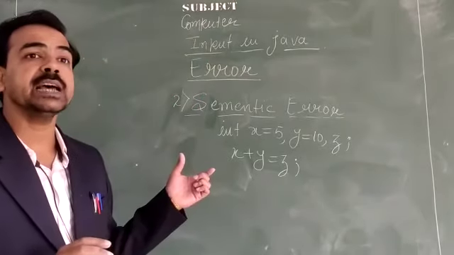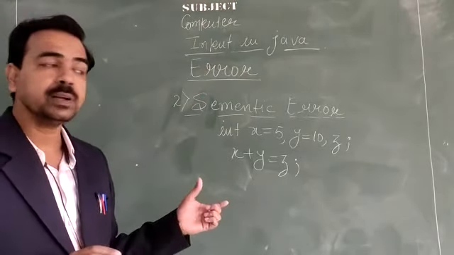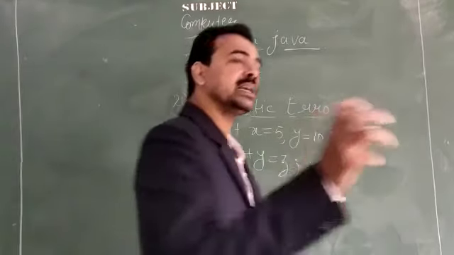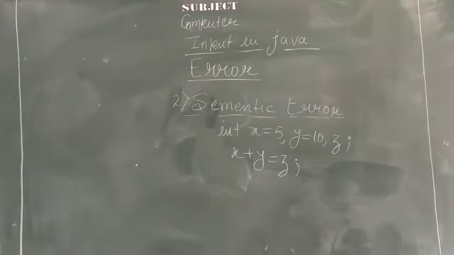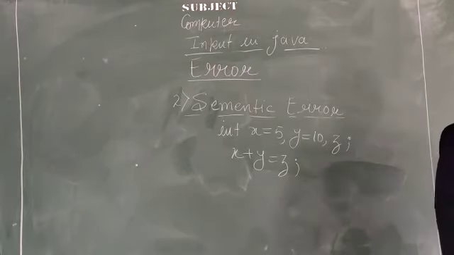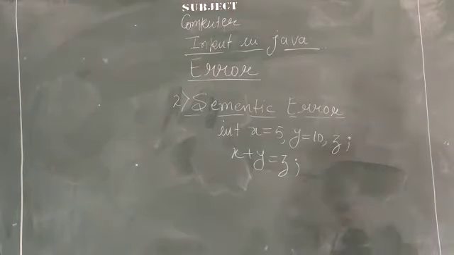Why are they called compile time errors? Because both the errors can be caught when we compile the program. जैसे ही हम प्रोग्राम को कंपाइल करते हैं तो हम सिंटेक्स एरर्स एंड सीमेंटिक एरर्स दोनों एरर्स को फाइंड कर सकते हैं. Is that clear?